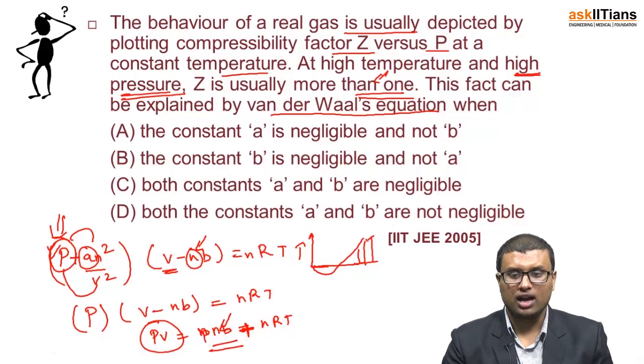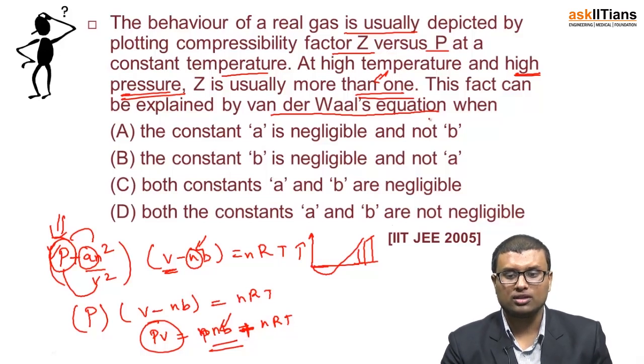I can say now that it is explained by the van der Waals equation when... and you can also say, what is PV by RT? I will write PV by nRT.